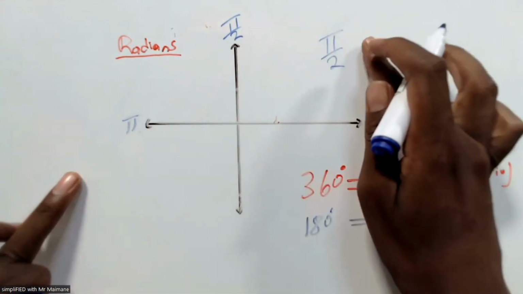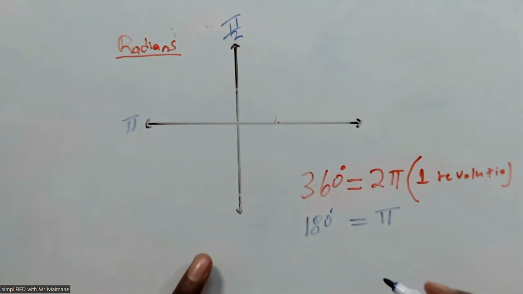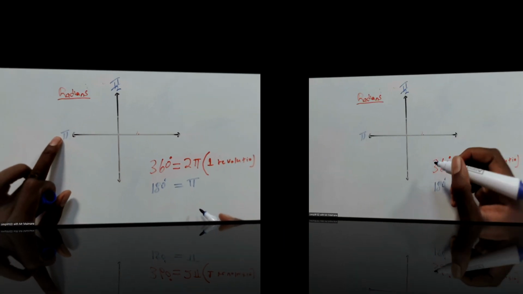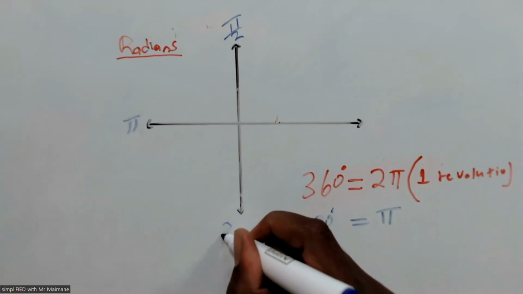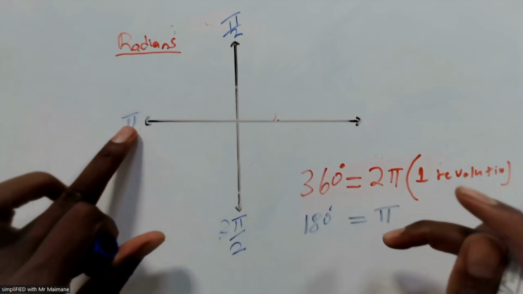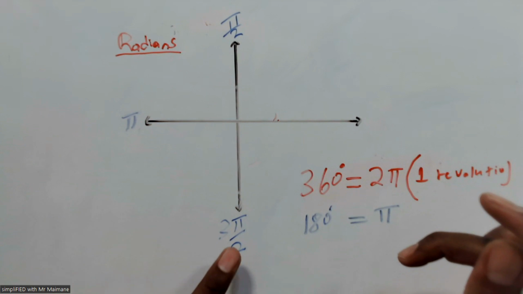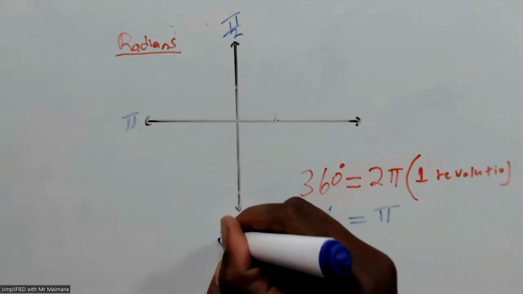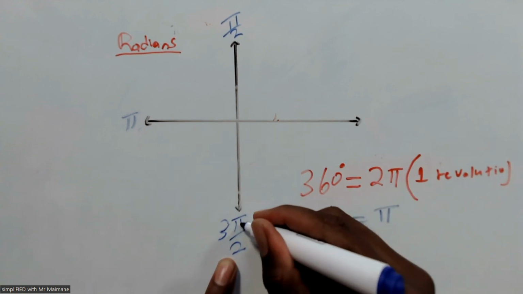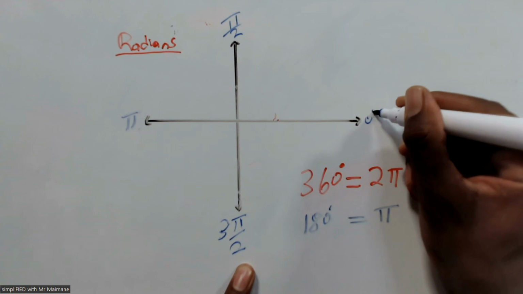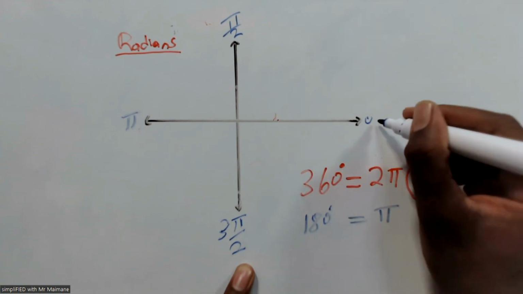This is our 90 degrees in terms of radians. And what about 270? This is going to be 3 pi over 2, because from pi coming to 270, we just add another half there. So it's going to be 3 pi over 2. Therefore, it started from 0.